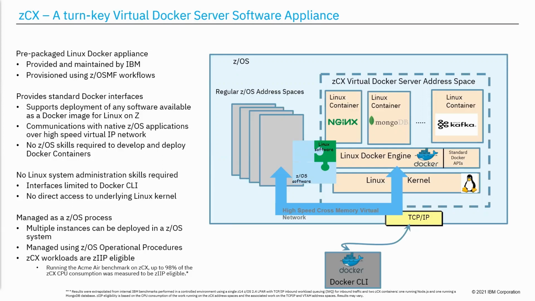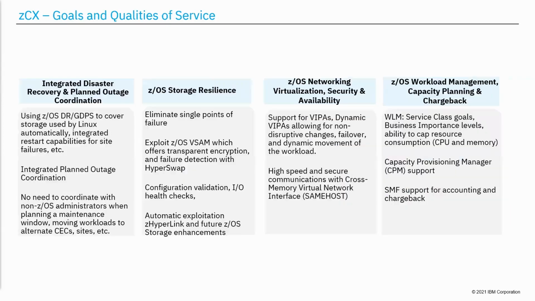And so now, once we've done that, let's talk about the qualities of service again. We get these qualities of service automatically brought forward. We have storage resilience. The backing of this zCX appliance in terms of Linux disks is actually VSAM linear data sets. The application doesn't know it's running on z/OS or that it's using VSAM linear data sets, but through the VirtIO devices that are provided by zCX, we're able to transparently write to linear VSAM data sets.